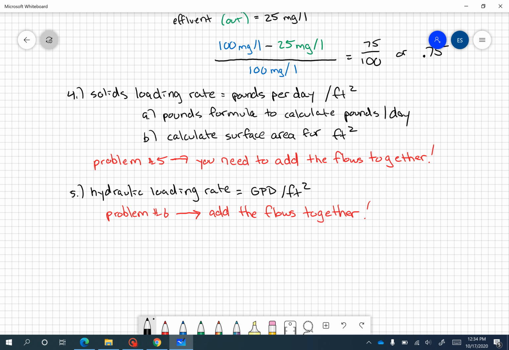And then, as I continue to reinforce, anytime you see that word per, you know you have a division problem. And so at the very end of the equation, you're going to have pounds per day on top and square feet on the bottom. And do one more division problem to get pounds per day per square foot.